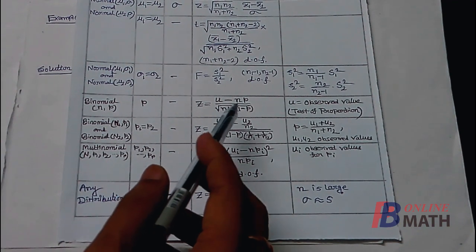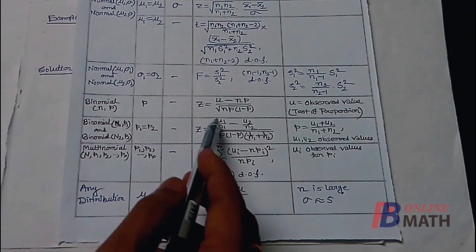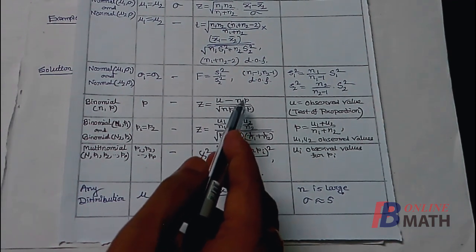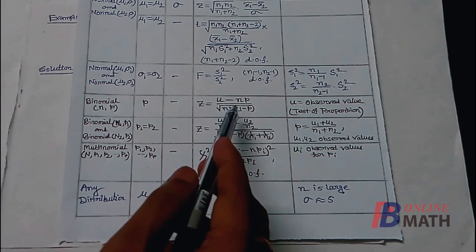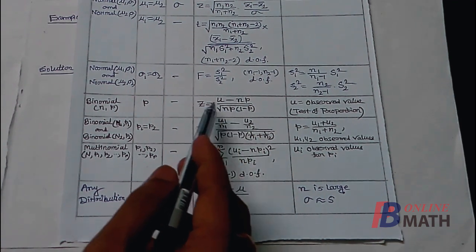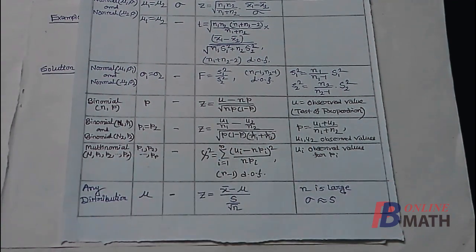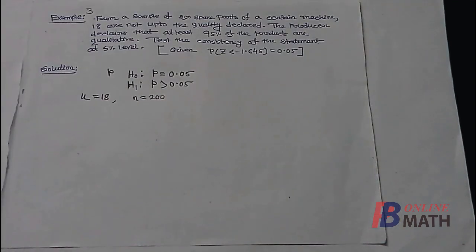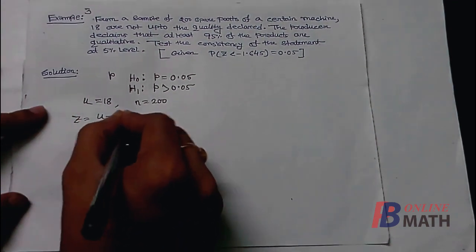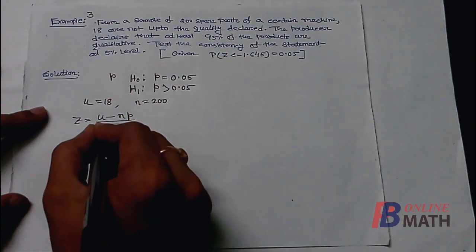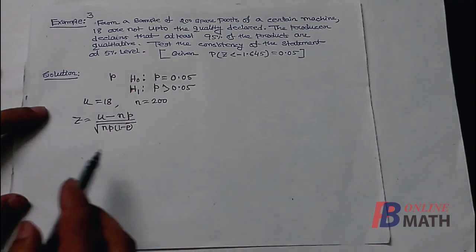Then the suitable statistic is z equal to u minus np divided by root over np into 1 minus p, where p is the probability of obtaining a defective spare part. Here n is the number of sample, and u is the observed value from the sample. So it is standard normal distribution.